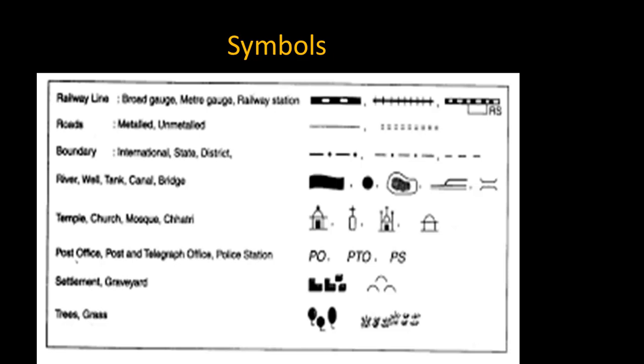There are some symbols which are universally accepted, and these symbols which are universally accepted and used in a map are known as conventional symbols. For example, we use blue color for showing water bodies, brown for mountains, yellow for plateau and green is used for plains. These colors are used universally.